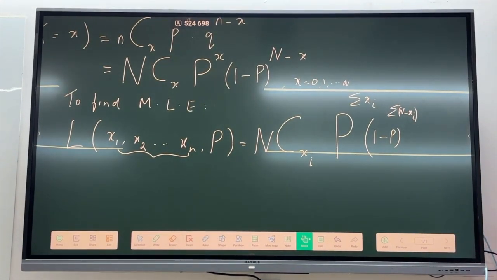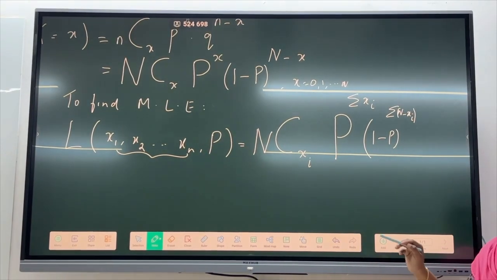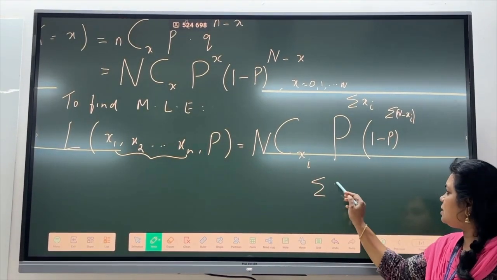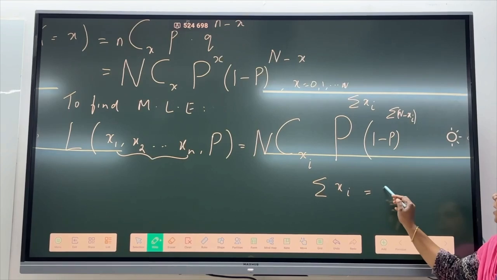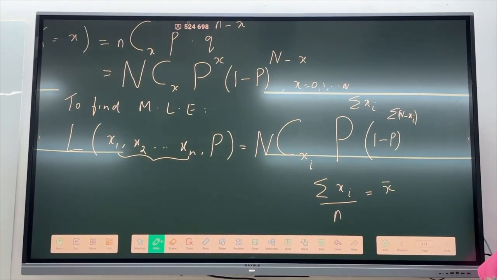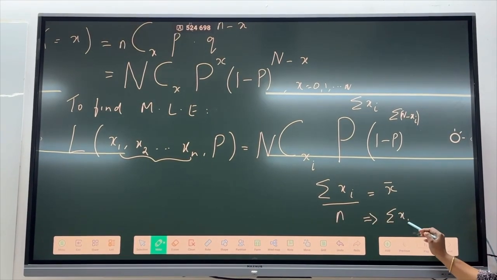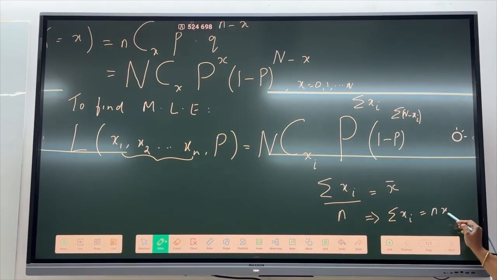Clear? Now, what is summation xi? Summation xi is n x bar, since x bar is summation xi by n.